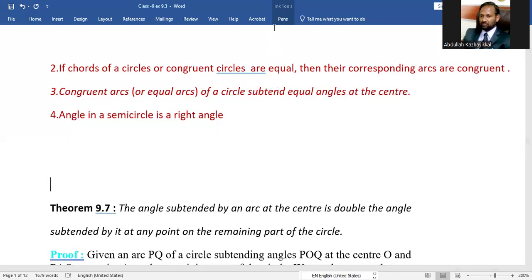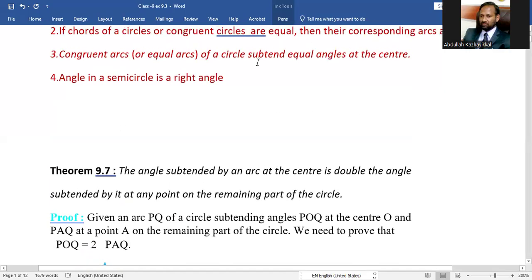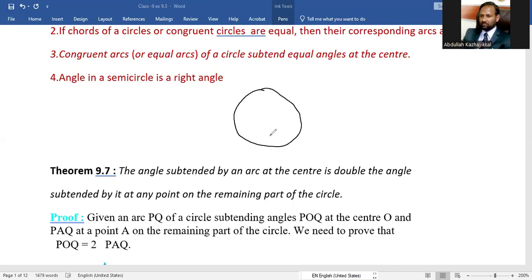Now we can see. The angle subtended by the arc at the center is double the angle subtended by it at any point. Let me write on the top of it. Listen. The angle subtended by arc at the center. This is the circle. You know, an arc is a part of a circle. PQ, this is the arc, and the angle made in the center.